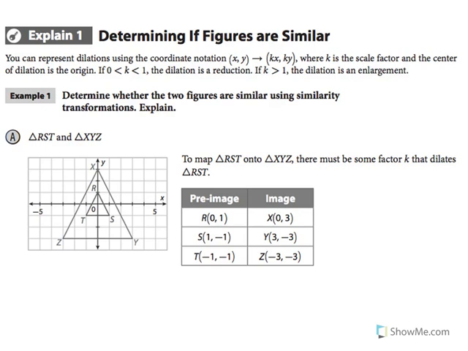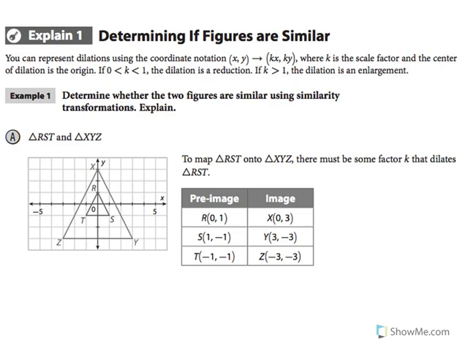Example 1. Determine whether the two figures are similar using similarity transformation. So here we have triangle RST and triangle XYZ. To map triangle RST onto triangle XYZ, there must be some factor k that dilates triangle RST.